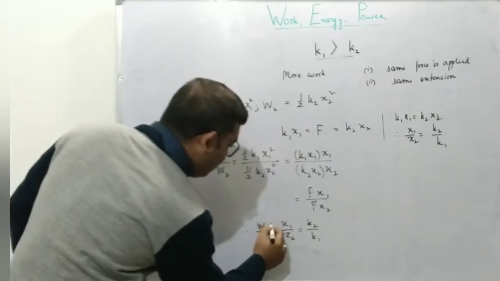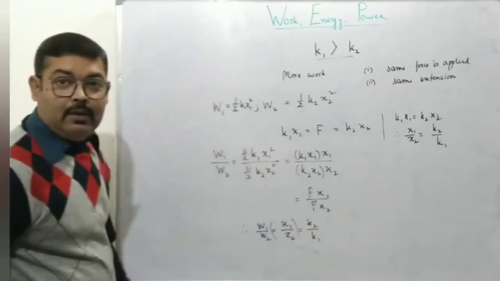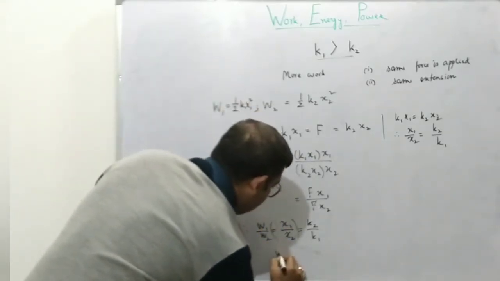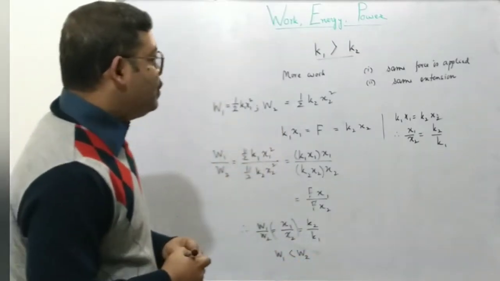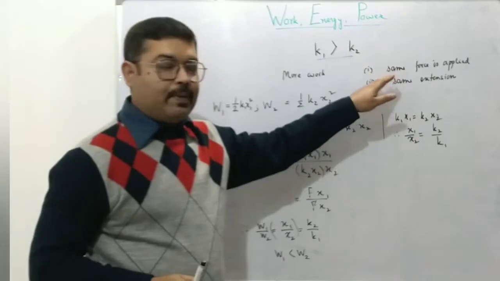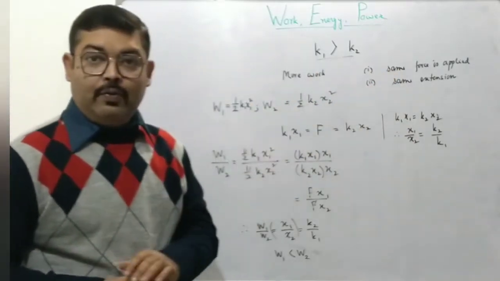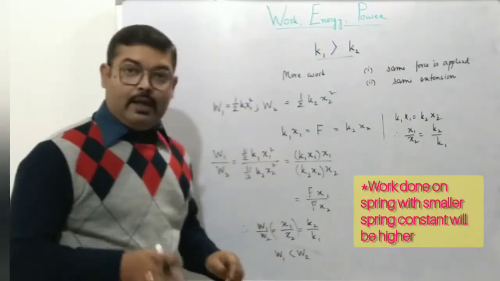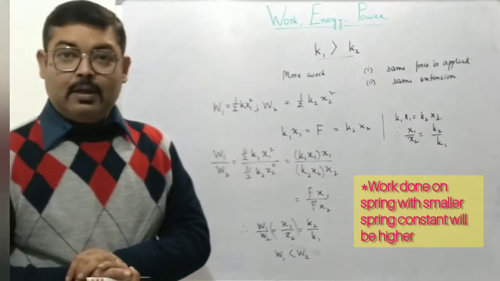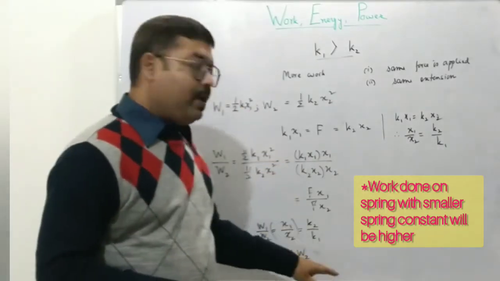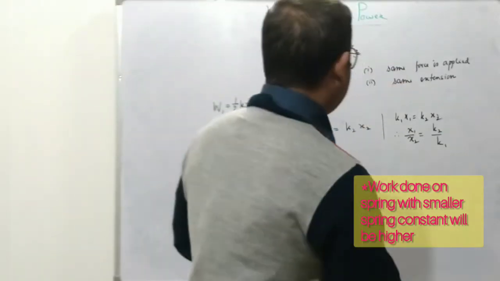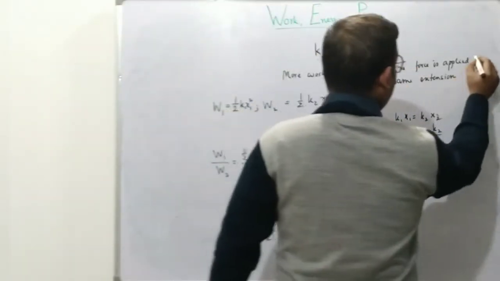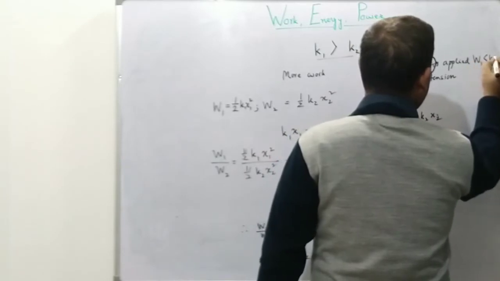So this gives us W1 is less than W2. Which means, if the same force is applied, in the spring with lower spring constant, less work will be done compared with the spring with higher spring constant. Okay, so the first part is done, that W1 is less than W2.